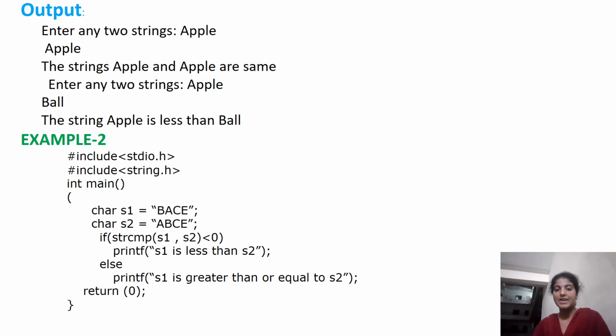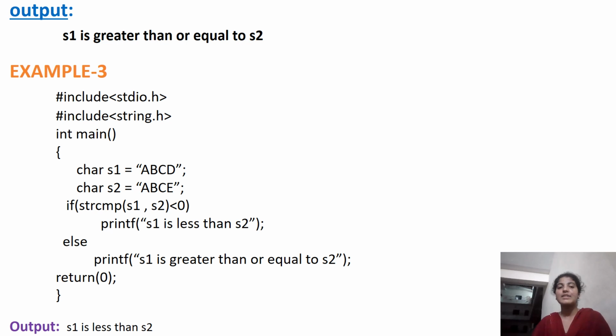If the comparison of S1 and S2 is less than 0, the if condition is true, and it will print S1 is less than S2. If the if condition is false, it will enter into the else block. In the else block, it will print S1 is greater than or equal to S2. And here the output is S1 is greater than or equal to S2.